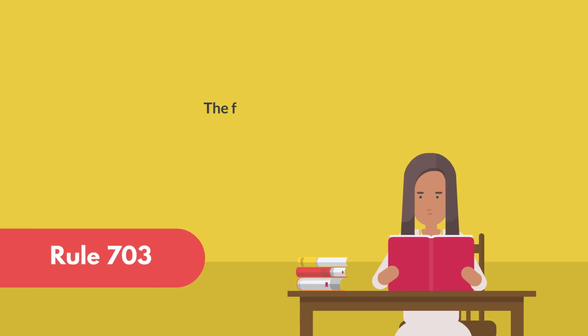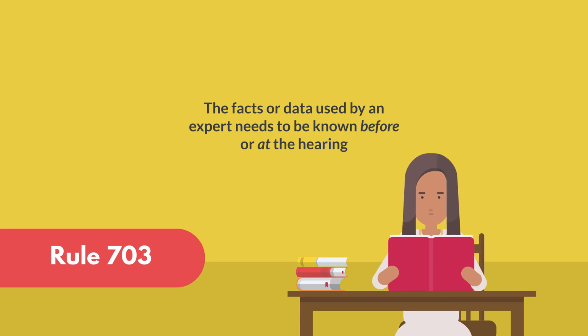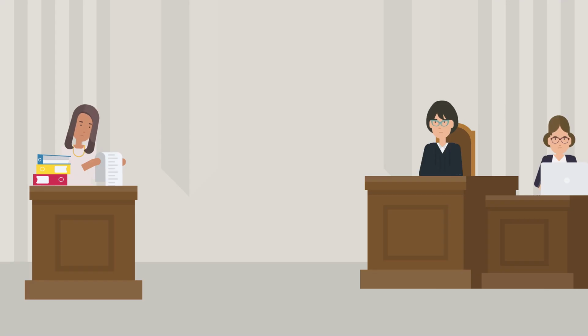This further takes us to Rule 703, which provides that facts or data used by those experts need to be either known before or at the hearing. And the reason that we say or at the hearing is because sometimes the basis of someone's expert opinion may not necessarily come out until later on.